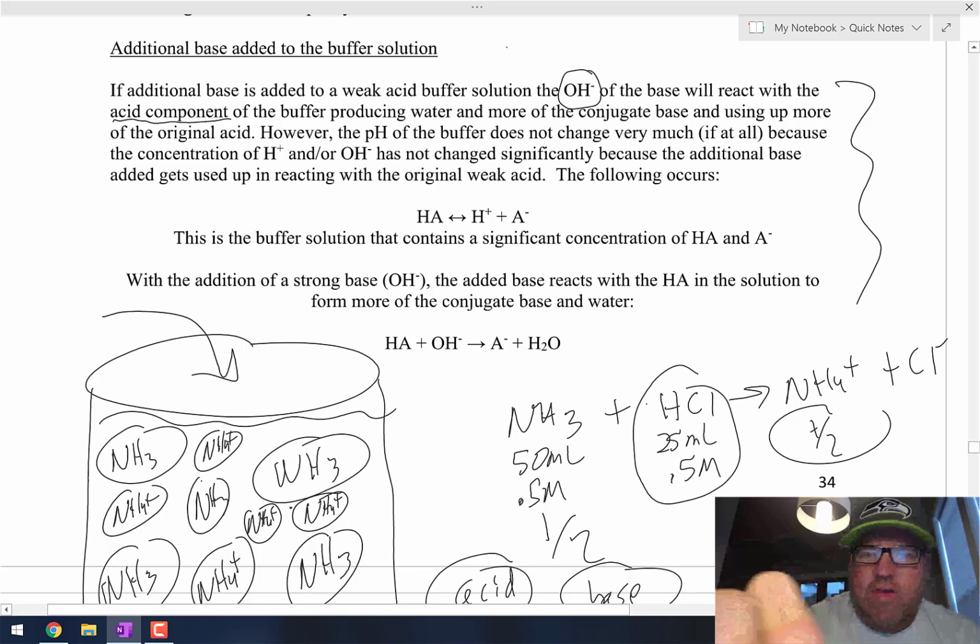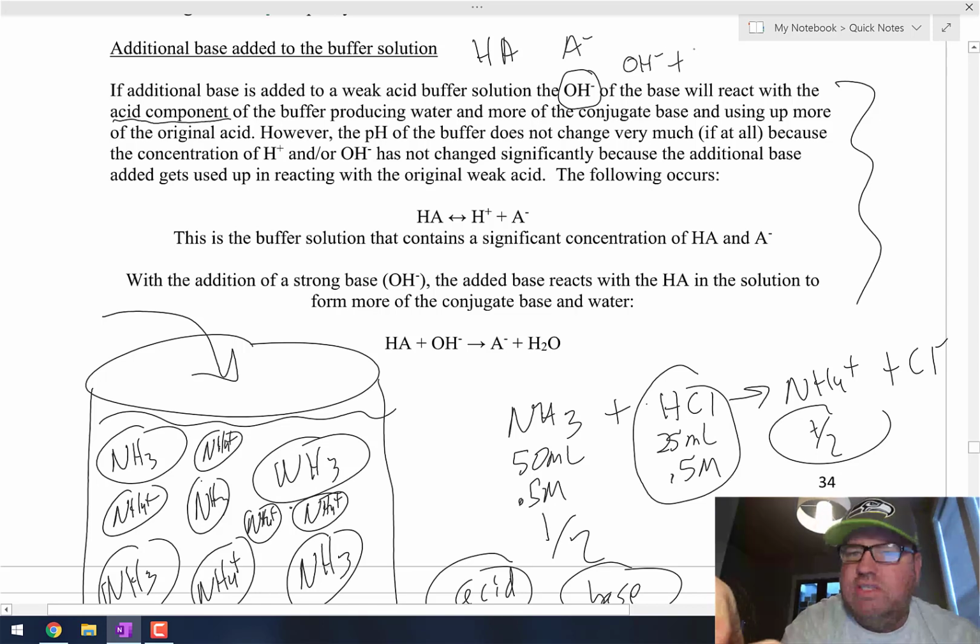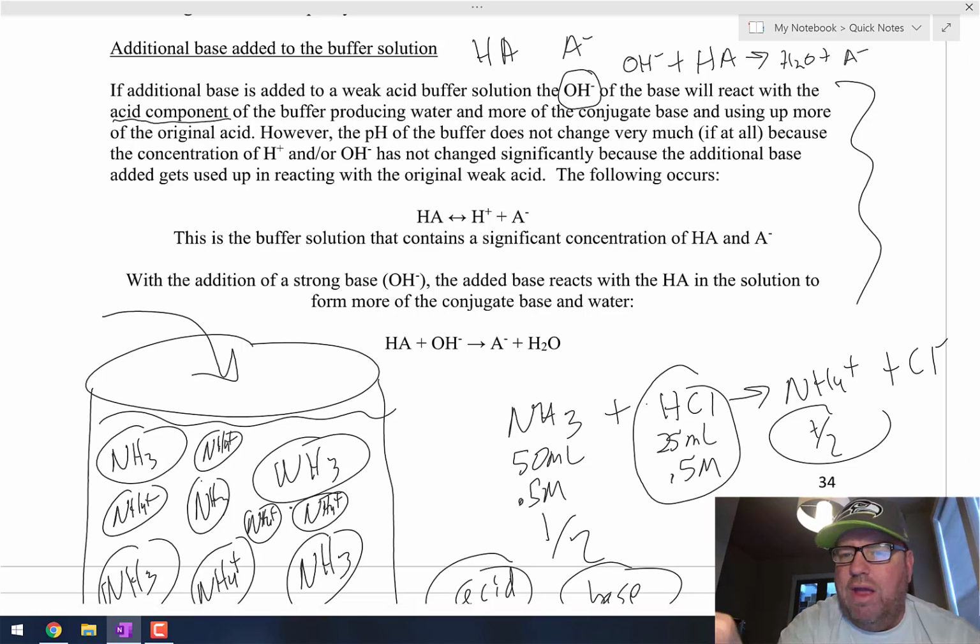If you have a buffer with a bunch of HA and a bunch of A minus in it, again, an even amount, then if you add some OH minus, that's the base, what does it have to react with? It has to react with the acid, with the HA, and what's it going to form? H2O and A minus. Okay, so it's going to react with the acid component producing water and more of the conjugate base, more of that A minus.